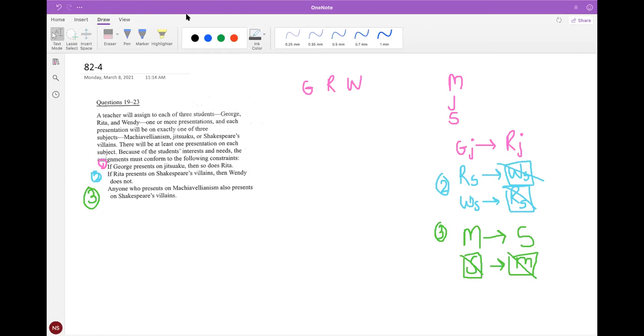So if R is S, what do we know? If R is S, then W cannot be S. All right, and if W does not have S, what else do we know?